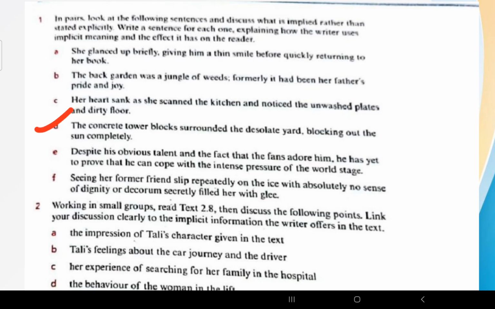Next one, now, 4. The concrete tower blocks surrounded the desolate yard, blocking out the sun completely. Now, this word desolate and these tower blocks surrounding the desolate yard, blocking out the sun completely, mean that this part of the yard doesn't get sun, or it is completely dark there.